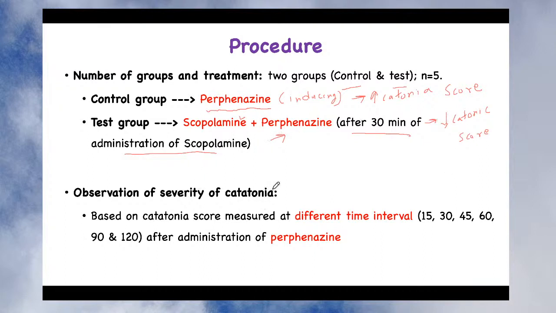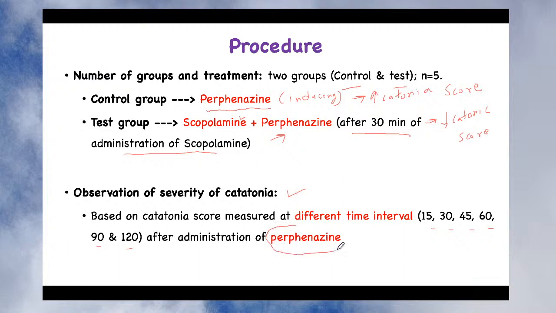What is the second thing? It is the observation of the severity of catatonia. How much catatonia is produced, or what is the intensity of catatonia produced by perphenazine? To evaluate this, the catatonic score is measured at different time intervals, that is 15 minutes, 30 minutes, 45 minutes, 60 minutes, 90 minutes and 120 minutes, after administration of perphenazine.